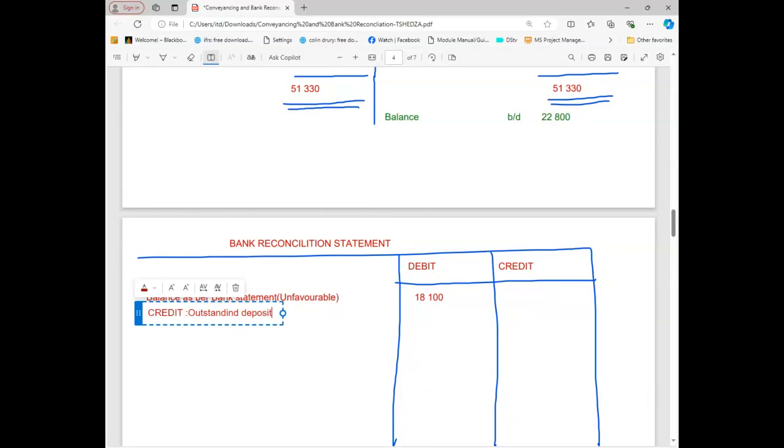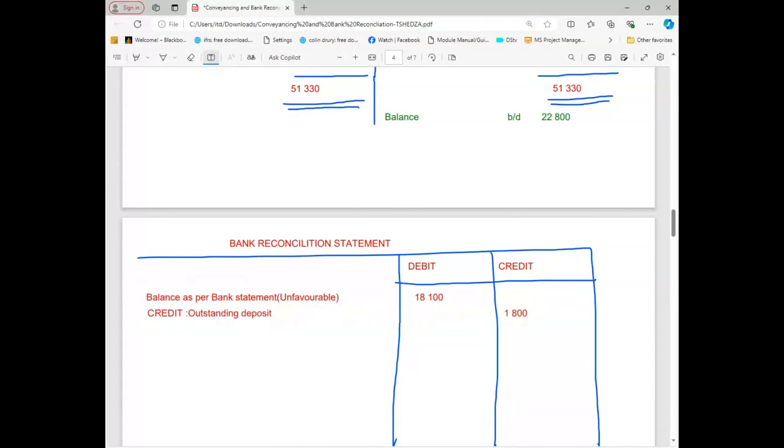So the deposits will always be added. Remember, this represents the bank statement in a way. So we always have to credit the outstanding deposit. How much is that outstanding deposit? It's 1,800. So the deposits will always be credited on the bank statement.